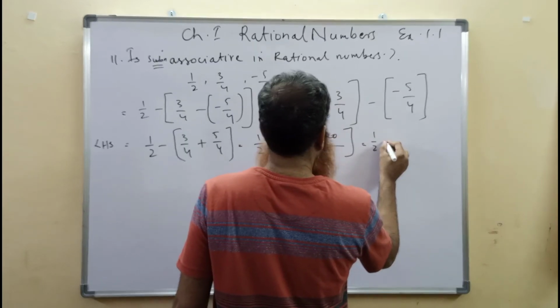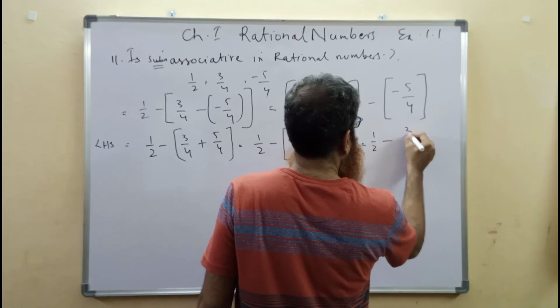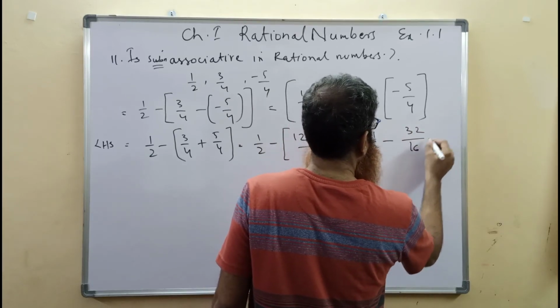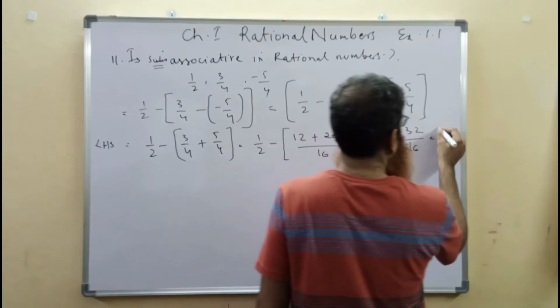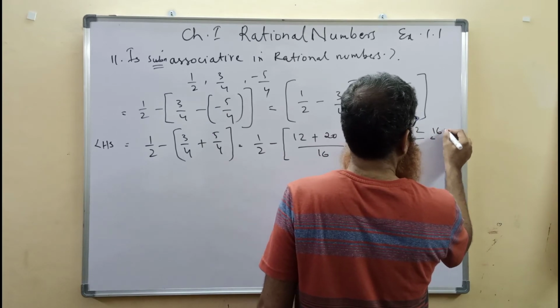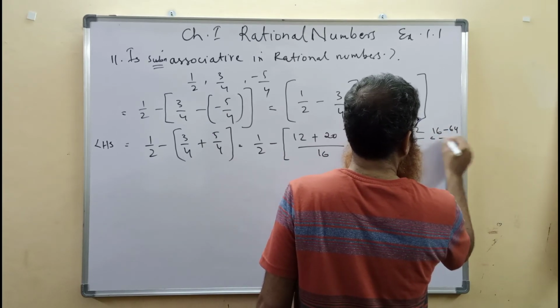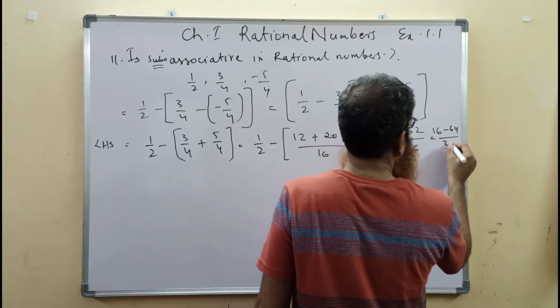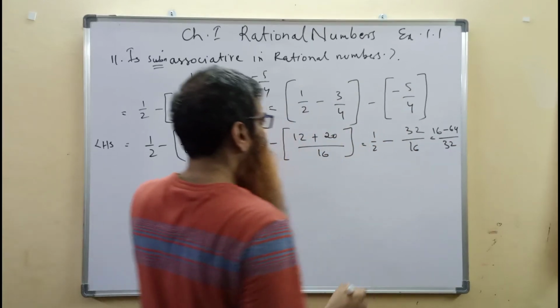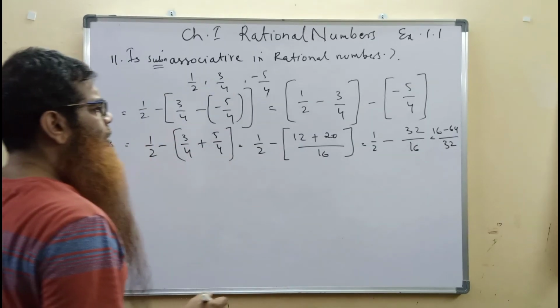In the next step, minus 32 divided by 16. 16 ones are 16, minus 64 divided by 2 16s are 32. In the next step, 16 minus 64 divided by 32.